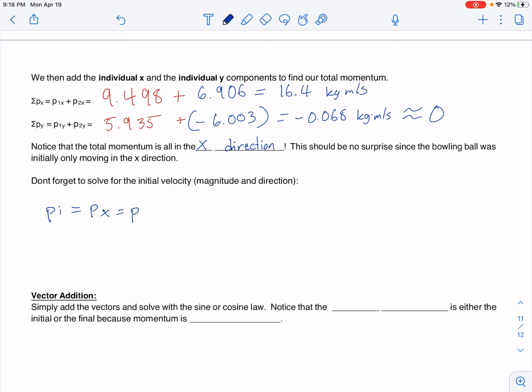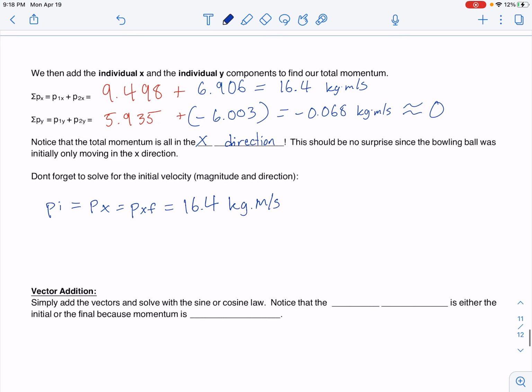In this case, it's equal to our final momentum in the x direction, which we found to be 16.4 kilograms meters per second.